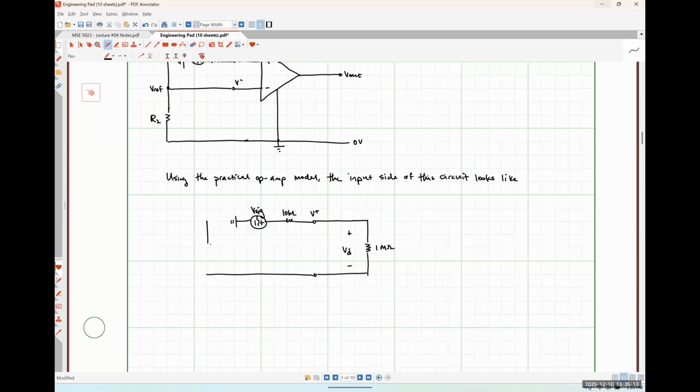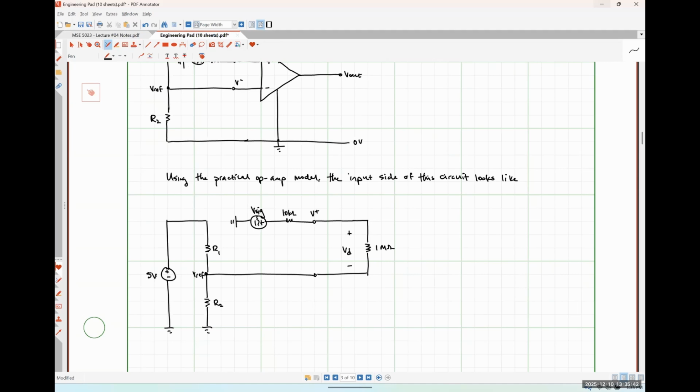So up here, I had my resistor R1. Down here, I have my resistor R2, and it's between that node where VREF is and ground. And then I've got a 5-volt supply, so I'm just going to put that over here on the left. So this is one way that we could represent the input side of this network.